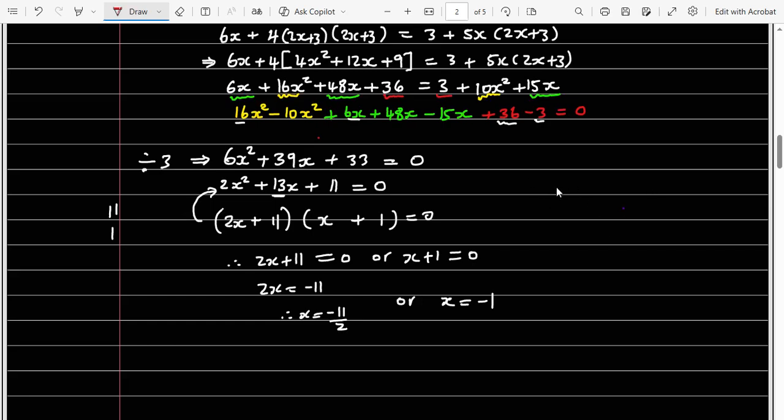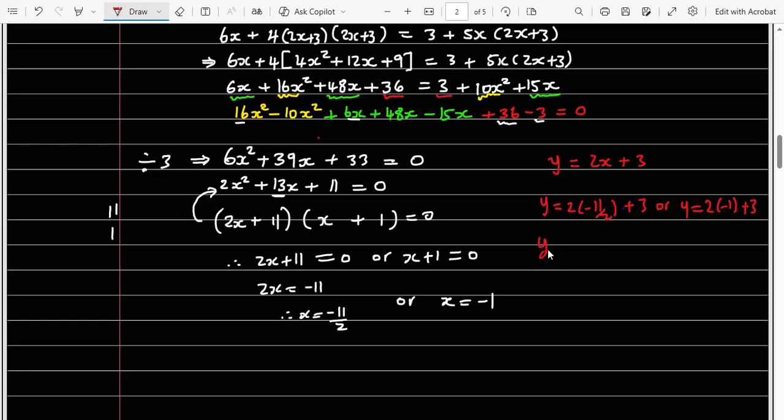So to find the corresponding y values, remember from equation 1, we said y is equals to 2x plus 3. So where there's x, you're going to say y is equals to 2 into negative 11 over 2, you add 3, or you substitute 2 into minus 1 plus 3.